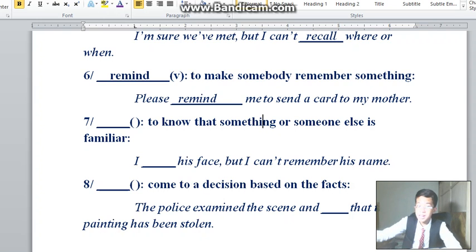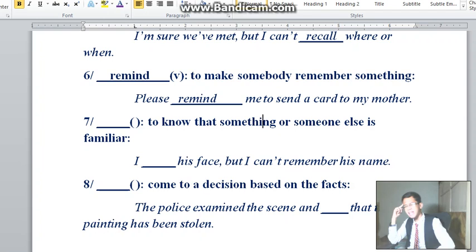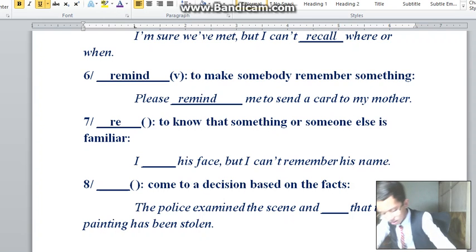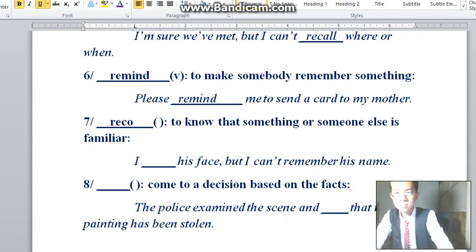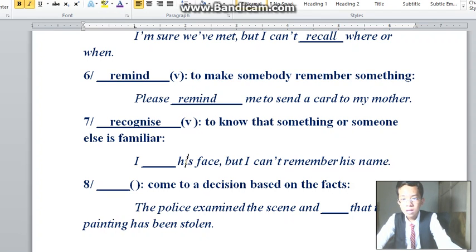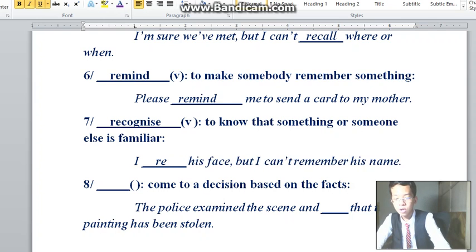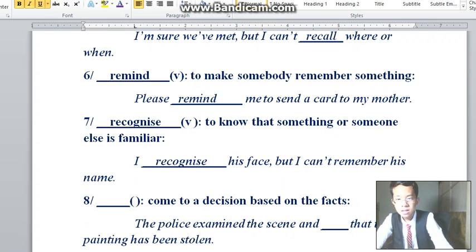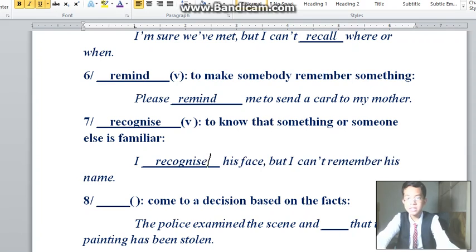You remember his face. I have met this guy, but I cannot remember his name. So I recognize. Tôi nhận ra là tôi thấy mặt ổng mà tôi không nhớ tên ổng. Okay? Recognize.